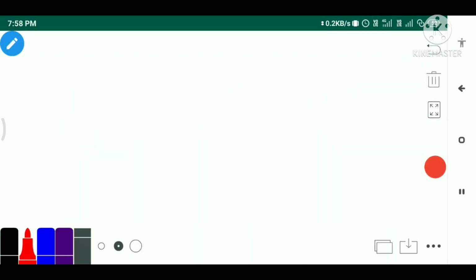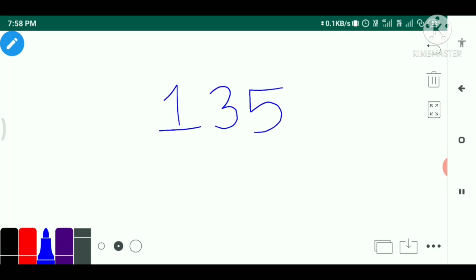If I give you another example, like 135, now what number will stand before 135? It seems a little bit difficult, right? So in order to find a predecessor, we'll subtract 1 from that number.